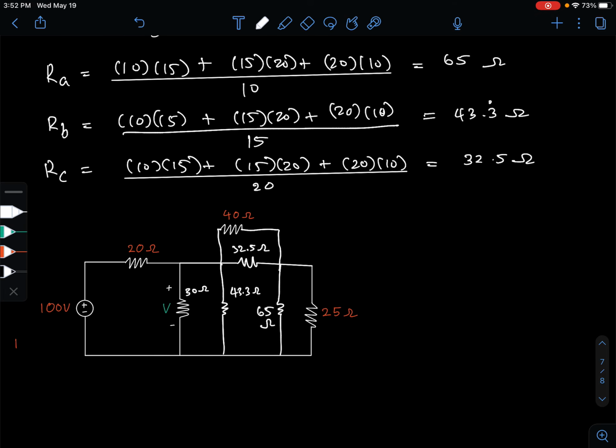Now that we've redrawn it like so, you can notice that 65 and 25 are now in parallel. 40 and 32.5 are also in parallel. And 30 and 43.3 recurring are also in parallel.